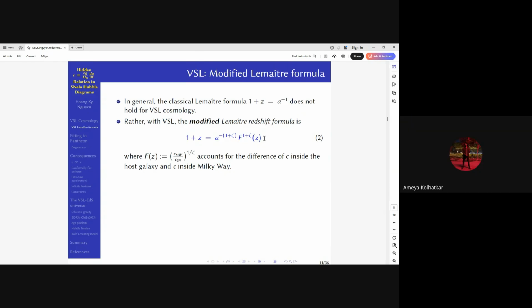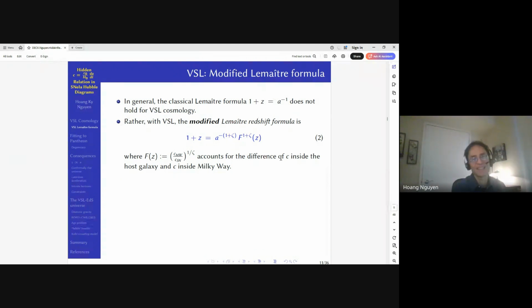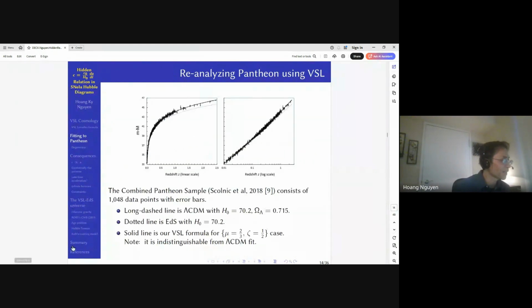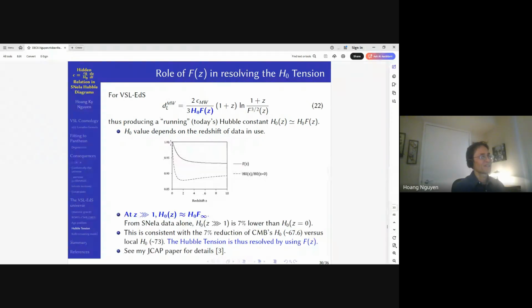So when you say z infinity or F of infinity, what does that correspond to? Infinity means z very high, as we can see from this formula. F is a function of z, so it means z very high, let's say 1,000 or something. But it still has to extend up to some point, which will be the recombination event.